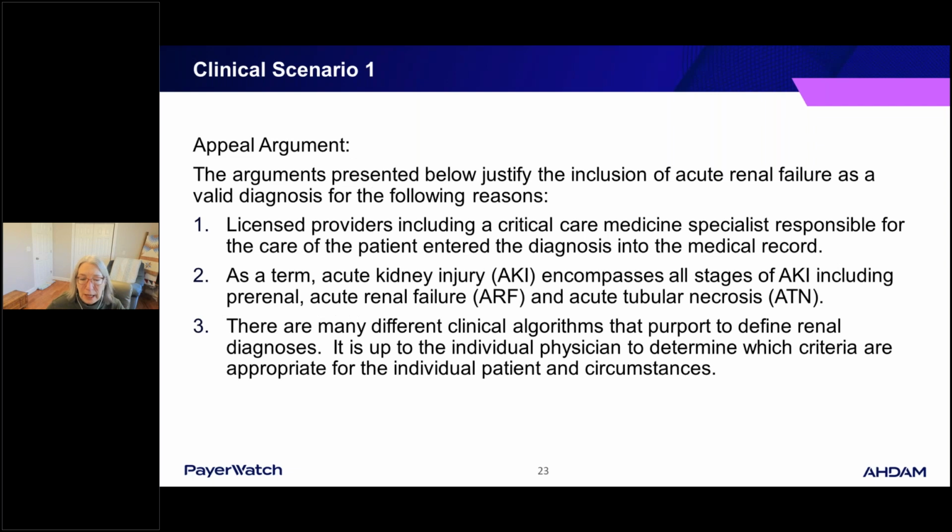There are many different clinical algorithms that purport to define renal diagnoses, and it's up to the individual physician to determine which criteria are appropriate for the individual patient circumstances. So that takes into account, one, there may not be one gold standard that defines a renal diagnosis, and every patient is an individual with different circumstances, okay? So that covers those two concepts.